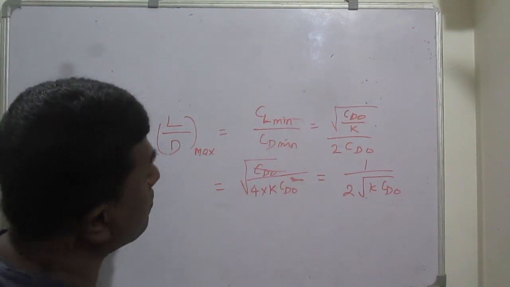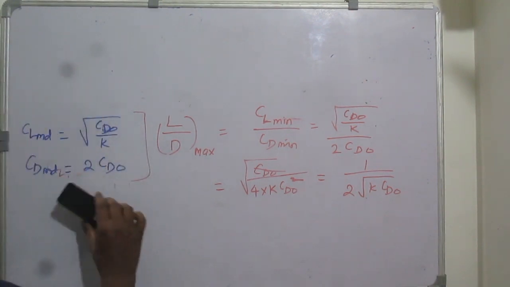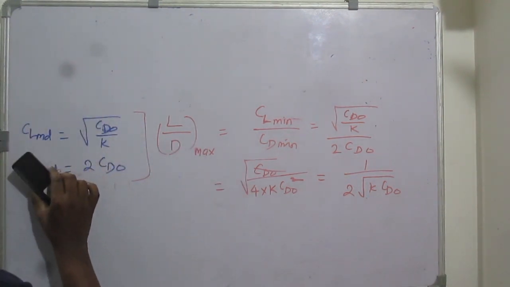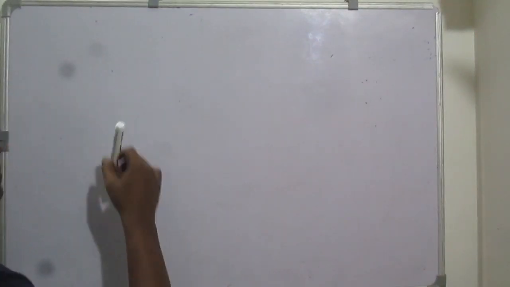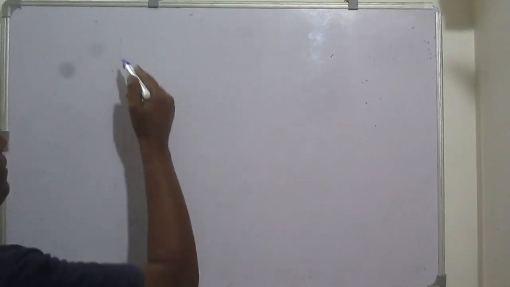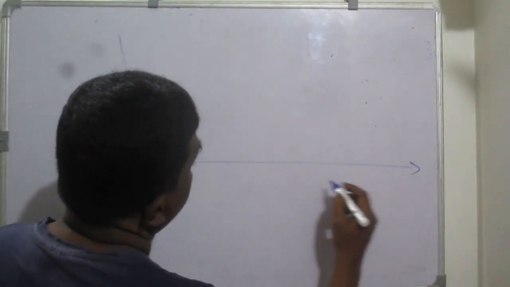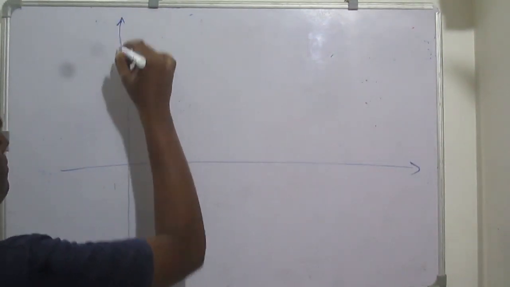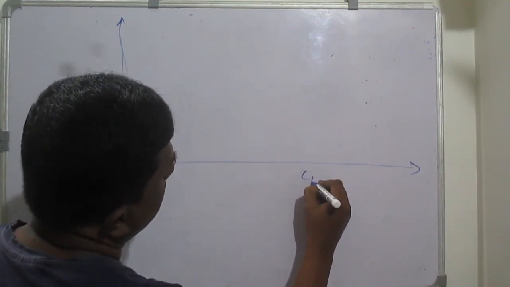Now we will see how to find the L by D maximum from the graph. L by D maximum from the graph can be found if you draw the graph between CL and CD. The vertical axis is CL, and the horizontal axis is CD.